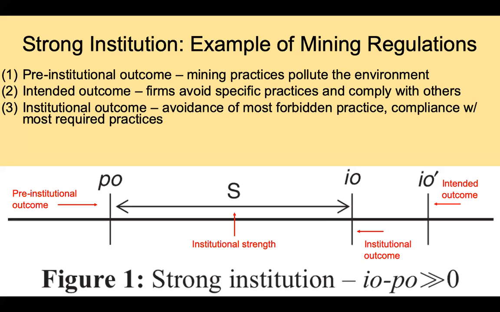It's a weak institution. So, in any given policy area or in any given issue area, you can imagine a strong or a weak institution based upon how much work that institution is doing, how effectively it is changing behavior and expectations, and really more generally, the gap between the intended outcome and the actual institutional outcome, and how far that institutional outcome is from the pre-institutional environment, that state of nature that preceded the creation of the institution in response to whatever practice or activity was determined to be undesirable and that needed to be responded to with the creation of a rule.